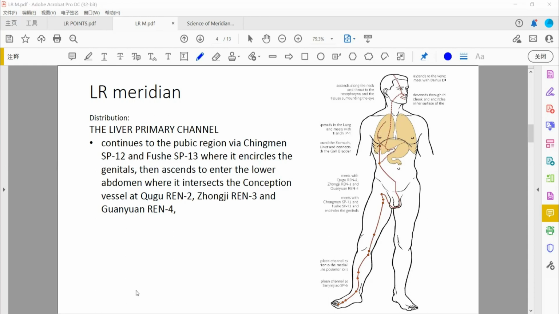Liver 12. Got to change it. Take a picture. Let's change it here.